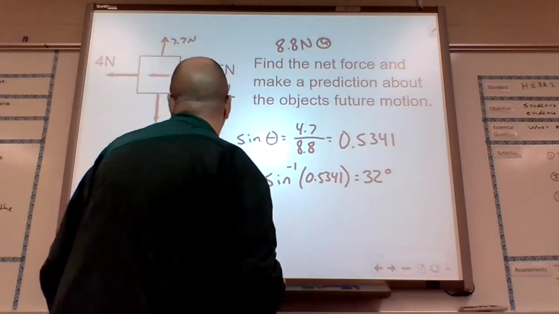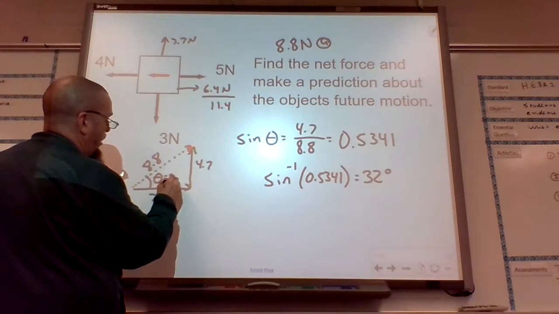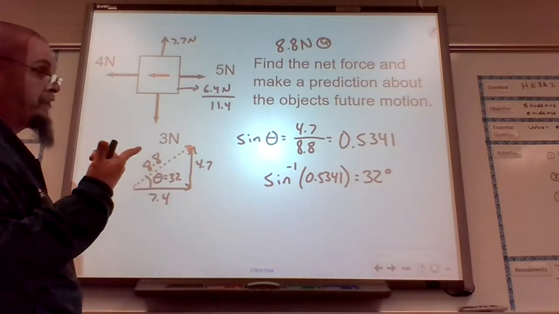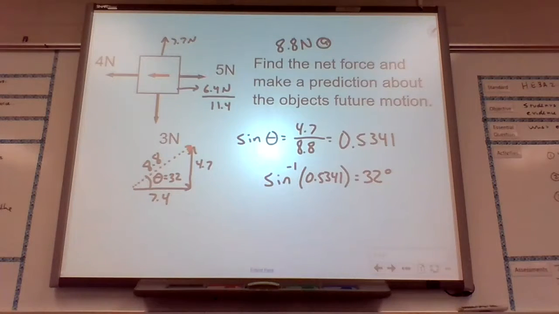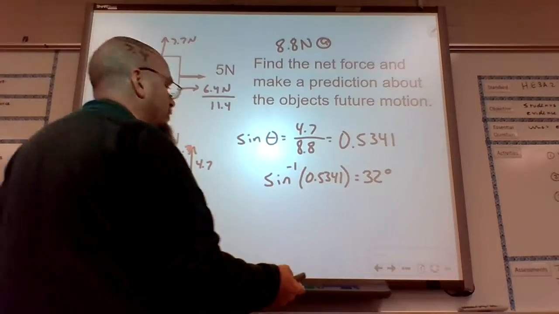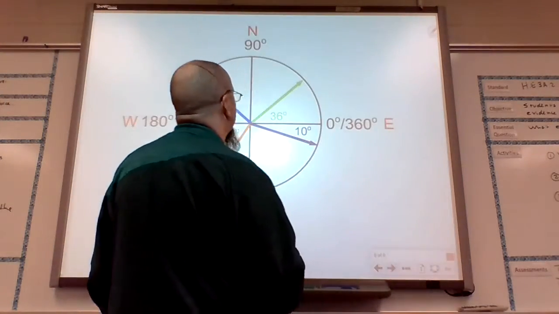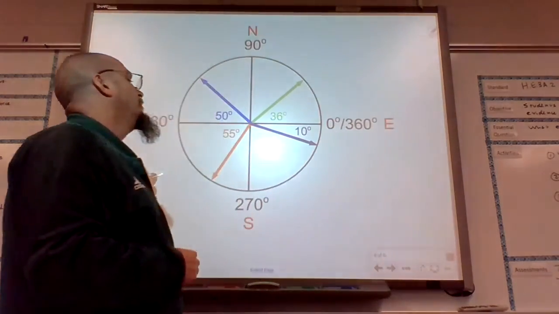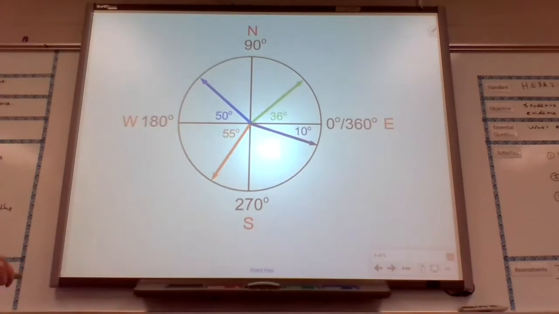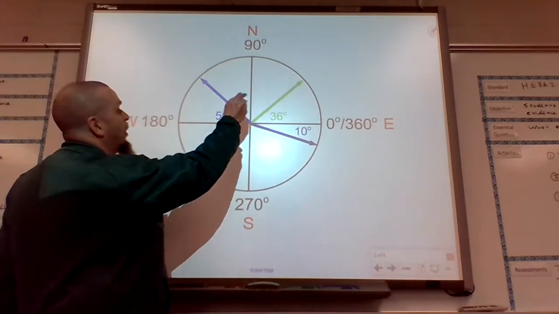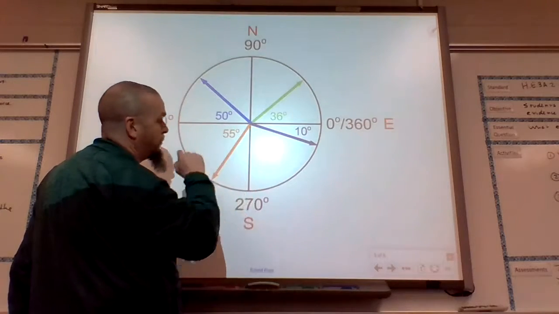Now that angle may or may not be the angle that we want for our answer. That depends entirely on the whole unit circle thing, which I know a lot of you struggle with. You've got to remember on a unit circle that you're taking a circle and dividing it up into 4 quadrants, putting a cross in the middle of it.